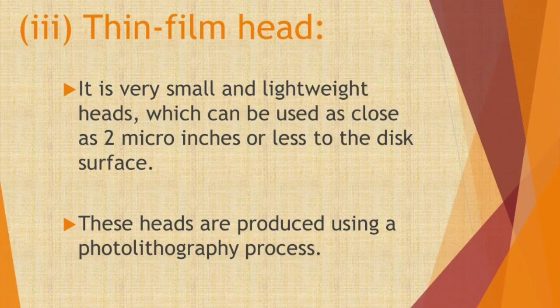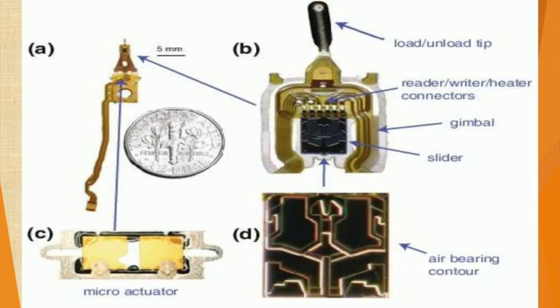Third is the thin film head. It is a very small and lightweight head which can be used as close as 2 micro-inch or less to the disk surface, that is the platter. These heads are produced using a photolithography process.